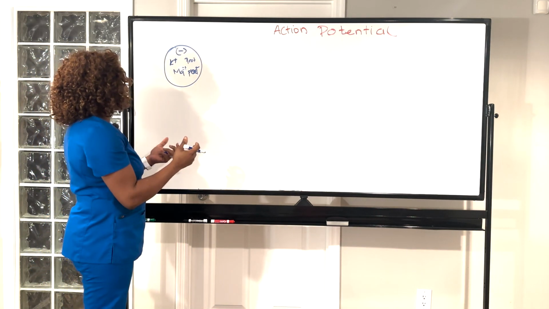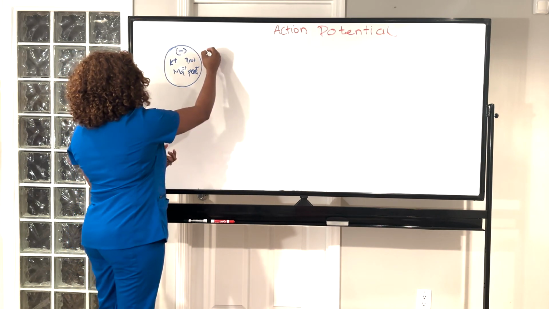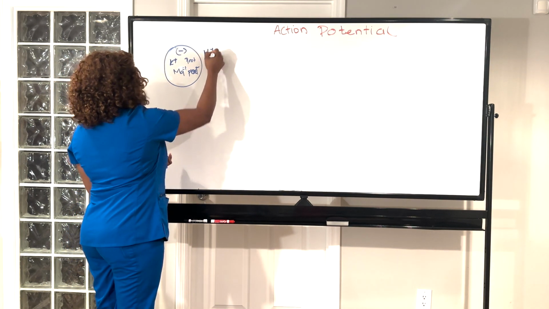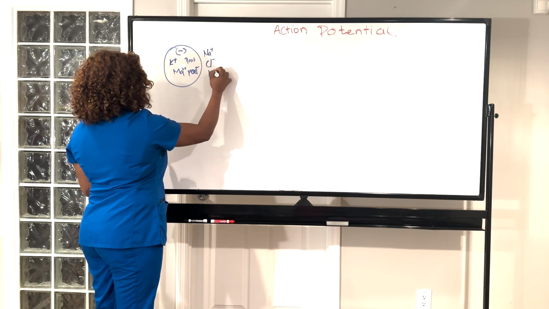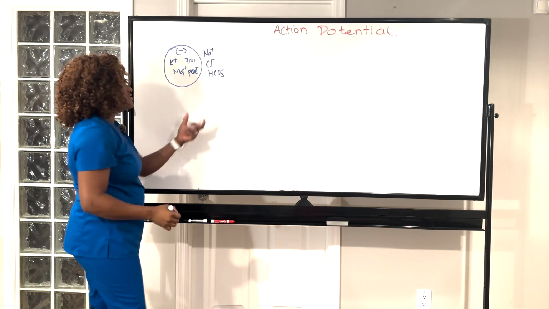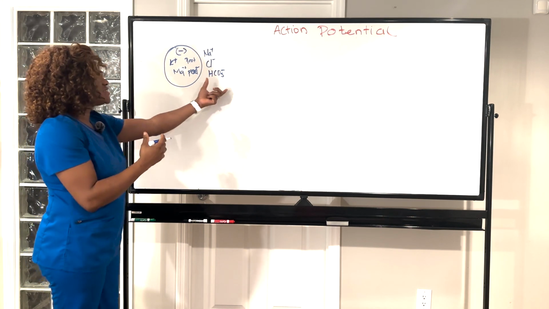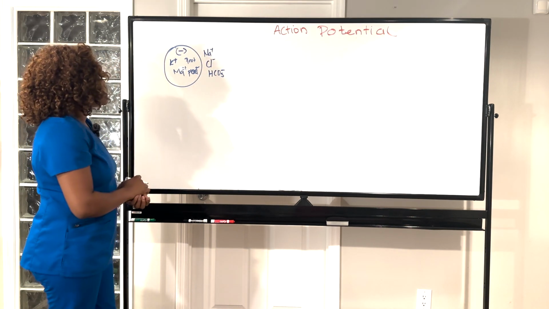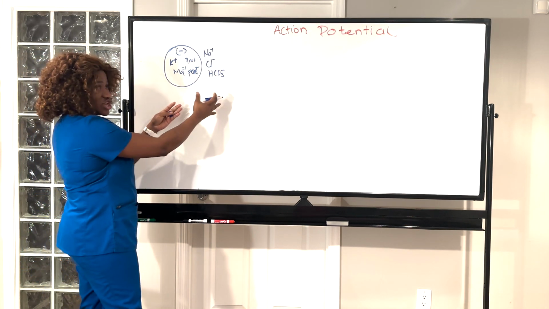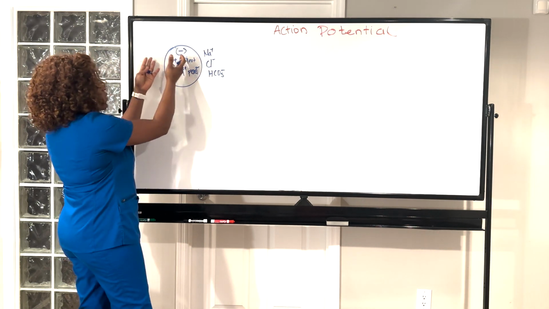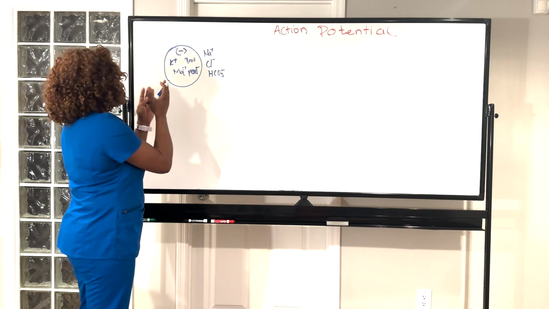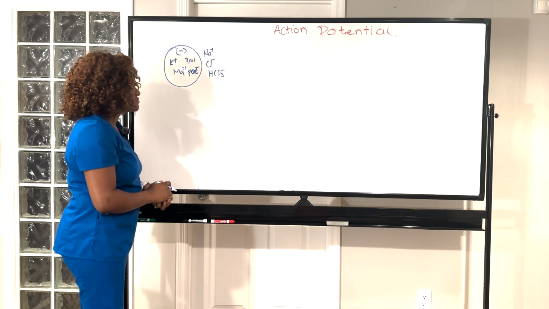Now for the outside of the cell, we have more sodium than the inside. We have the chloride and we have the bicarb. These are all located mostly outside of the cell. Now, all these differences that these ions have determine why we have the cell which is more negative inside.